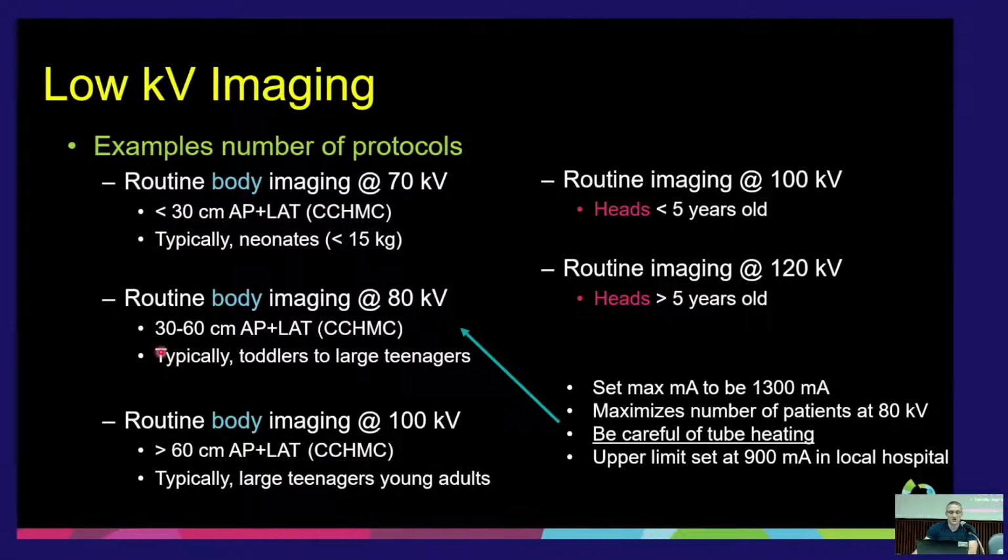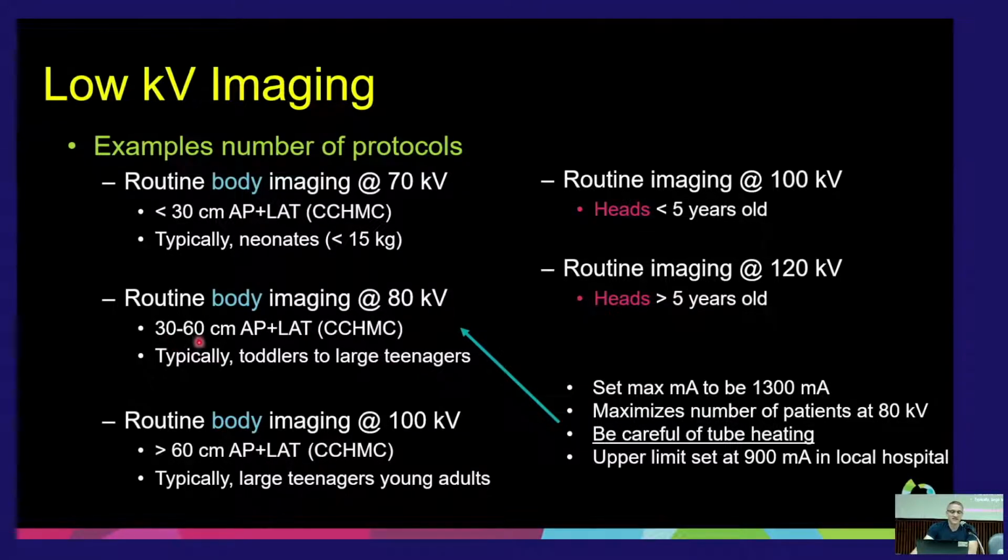For our patients from 30 to 60 centimeters, we image at 80 kV. This gets us up to large teenagers, as I mentioned. In this case, I allow the system a maximum of 1300 mA, and once you get up to those really big kids, it starts hitting the top of the mA output.